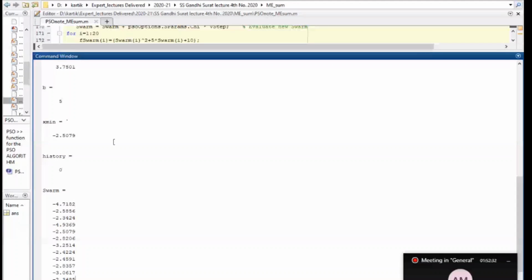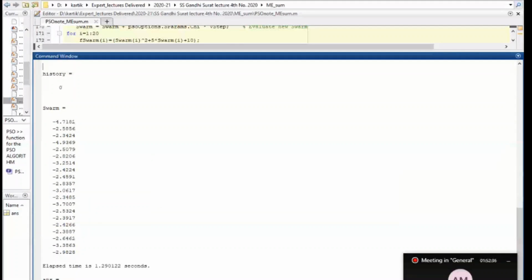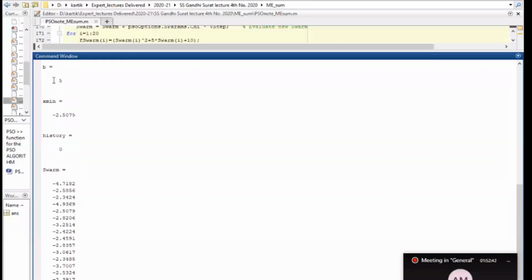Minimum value of the x value is minus 2.50, and best value of f of x is 3.75, right? And the index of the global best particle is 5. So fifth particle, 1, 2, 3, 4, and 5. This fifth particle is the best particle, which gives the minimum value of the objective function.